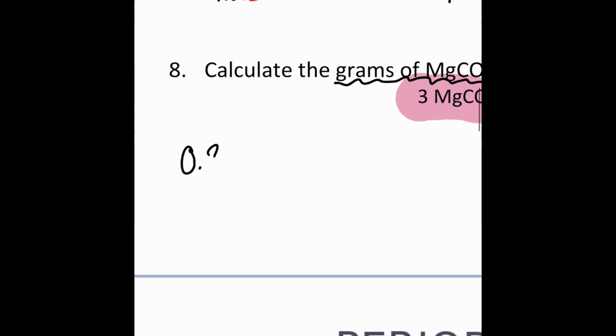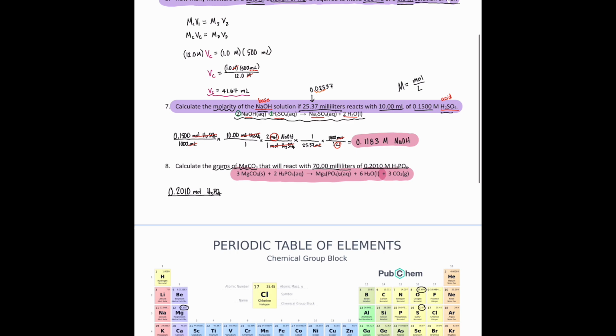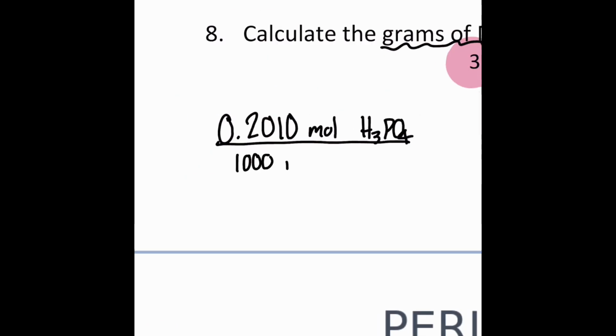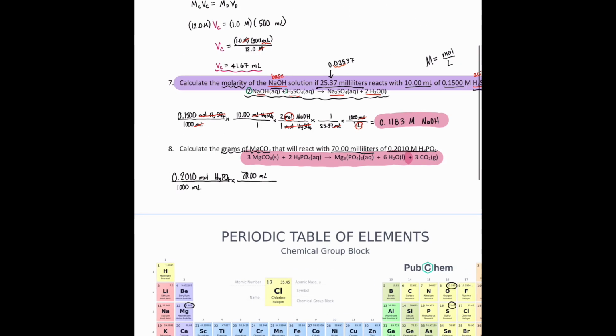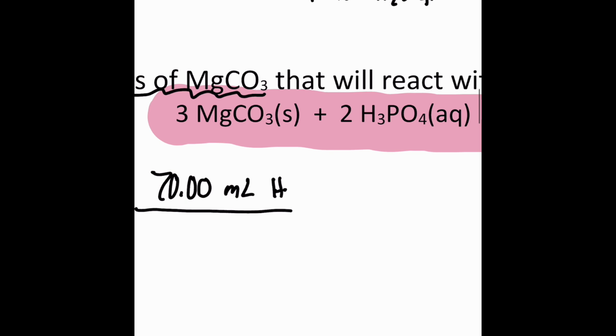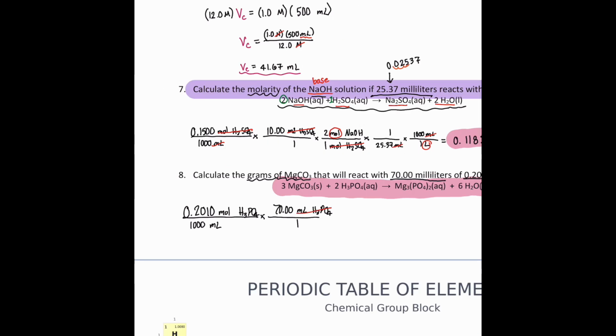0.2010 moles of our phosphoric acid all over, once again, 1,000 milliliters, so it's an easy conversion, times the 70.00 milliliters of our phosphoric acid we were given, over placeholder 1. Milliliters will cancel out with milliliters.